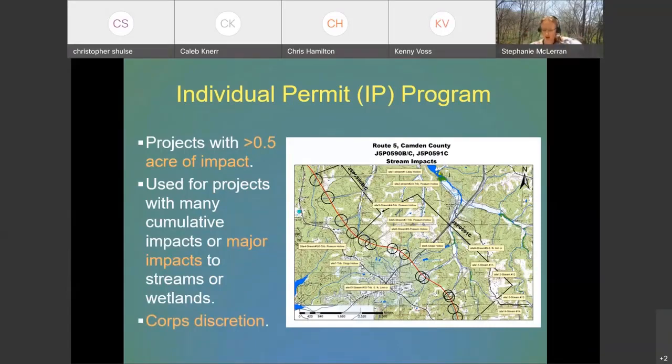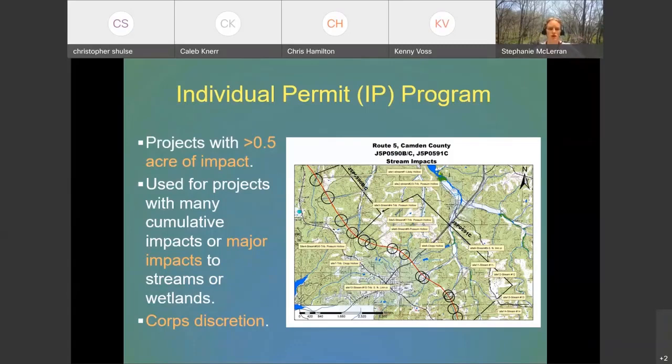As I mentioned, IPs, or individual permits, are needed when the impacts of a project exceed the threshold of a PCN. That's for projects that are over half an acre. In this example, this project has multiple stream crossings, and depending on the Corps district, a project like this might fall under an individual permit because they would consider all those impacts as cumulative.